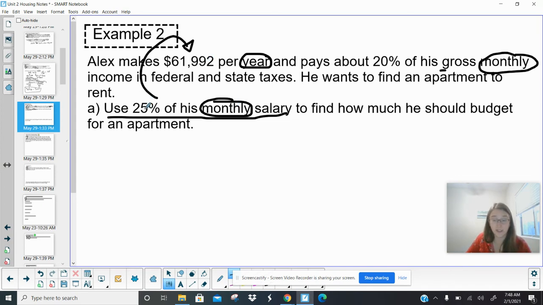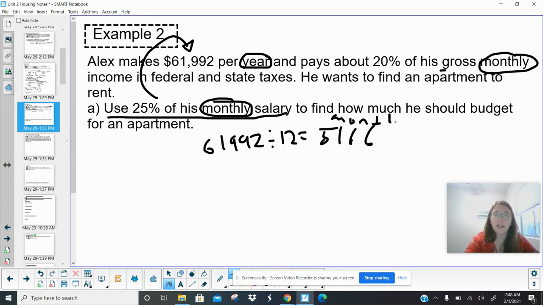We just did this. Okay, so 61,992 is a year. I should have divided by 12 because it's a monthly salary, guys. If it was a biweekly, we would not divide by 12. I want you to get that out of your head. So this is how much he makes in a month. And once again, we're not worrying about taxes yet. 5,166.